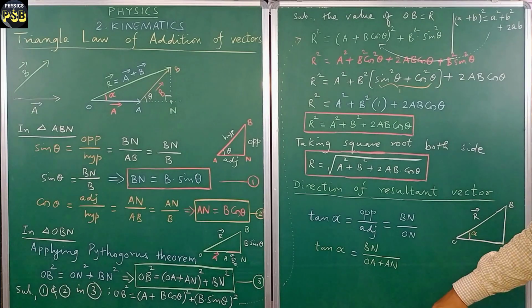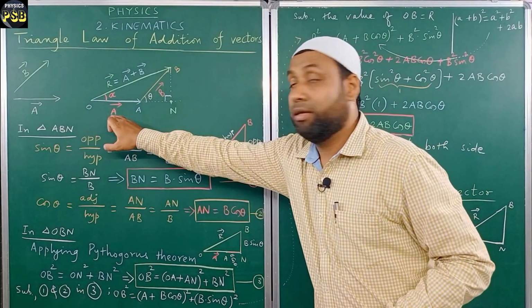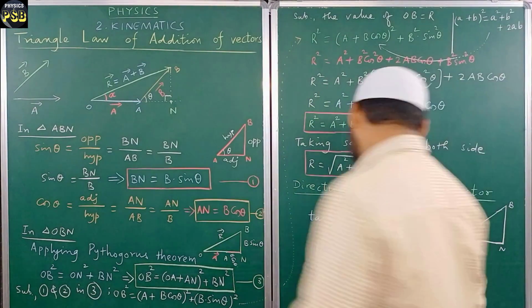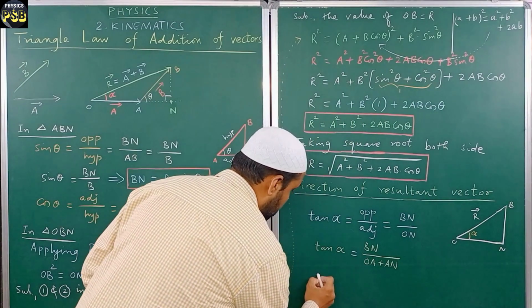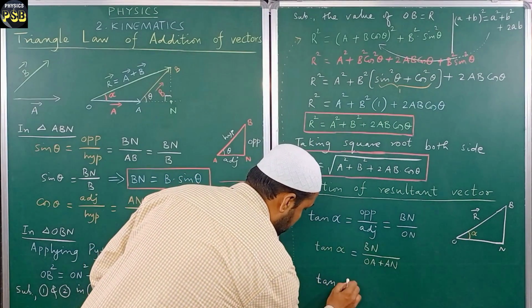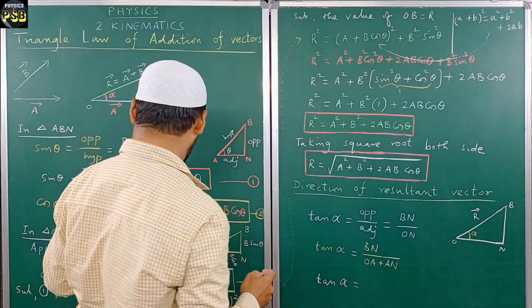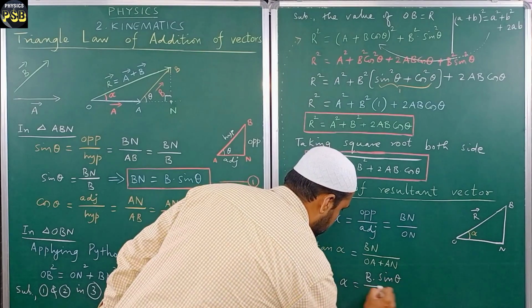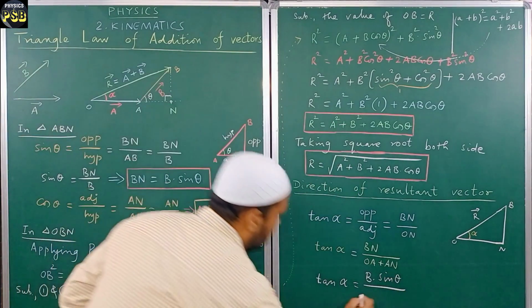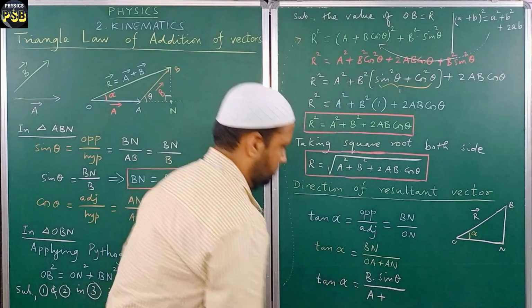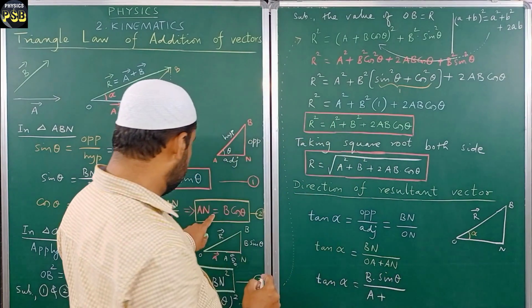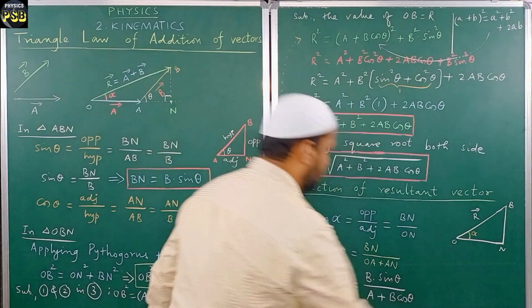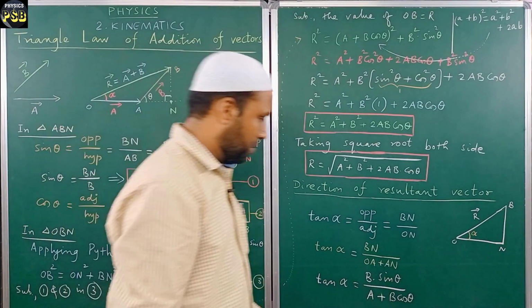Then the value of OA is nothing but A. So BN is B sin theta, and AN is B cos theta. This is the final expression that we have taken.